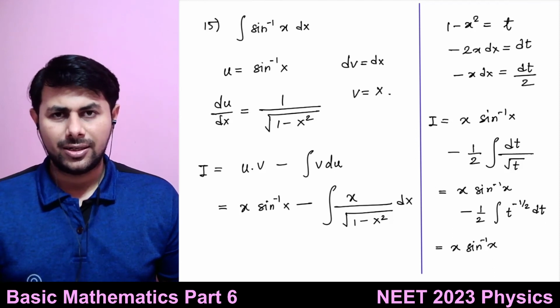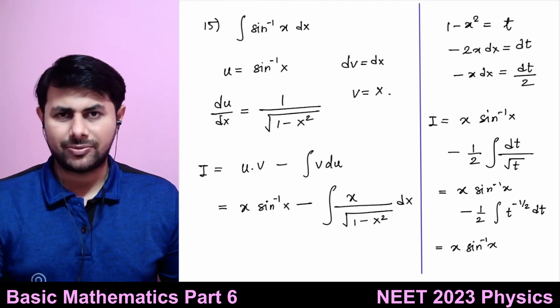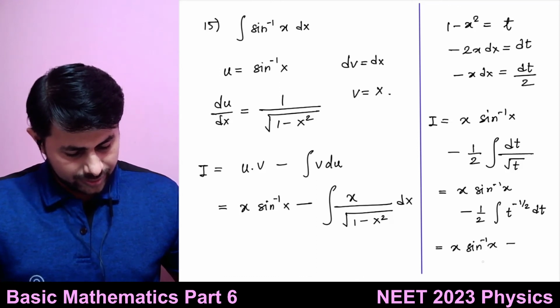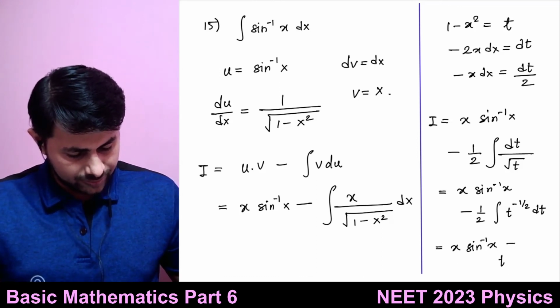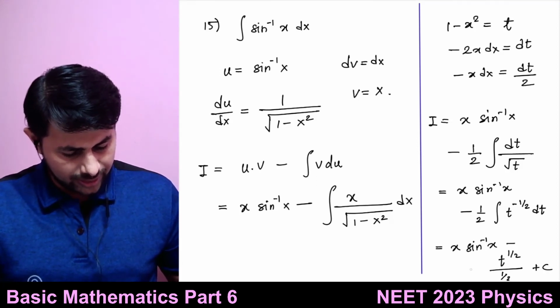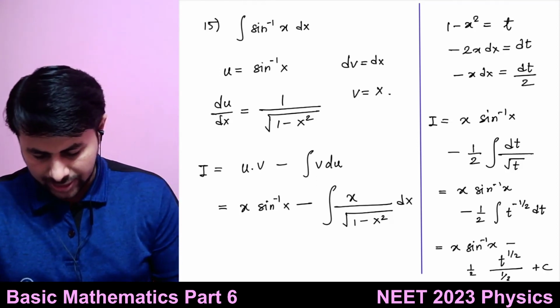What is n? Minus half. Minus half plus 1 is plus half. So I have t raised to half upon half plus c, and I have this half in the multiplication.